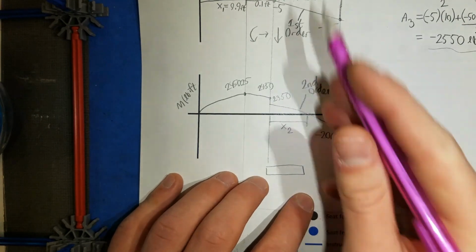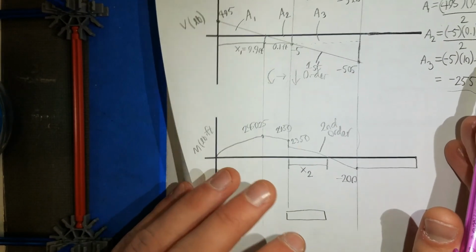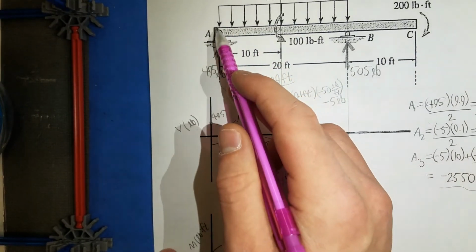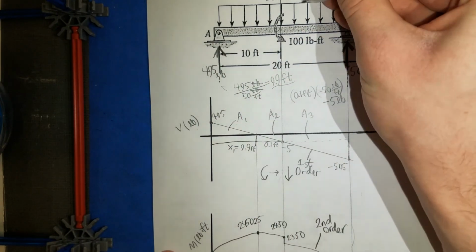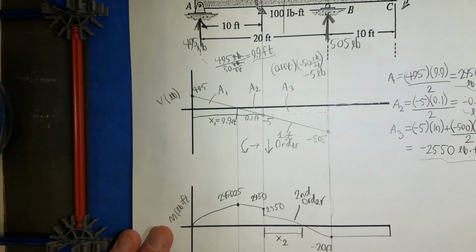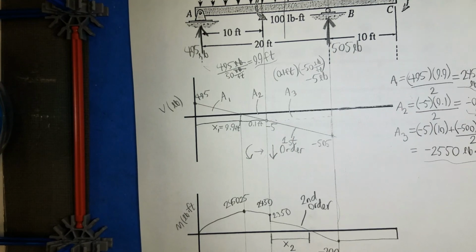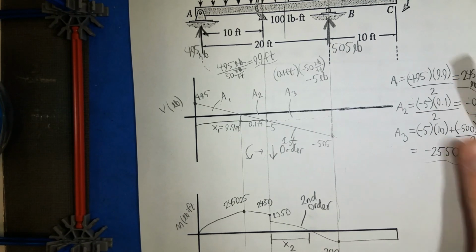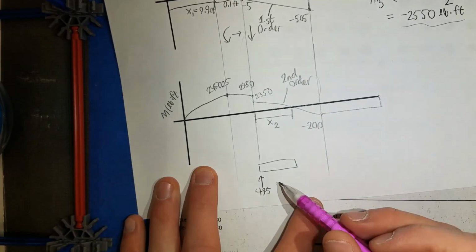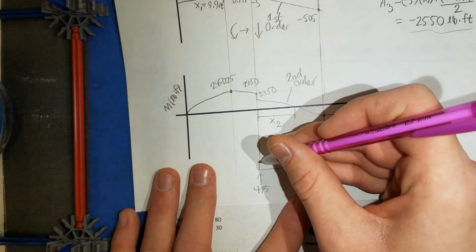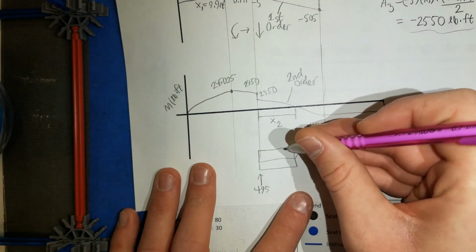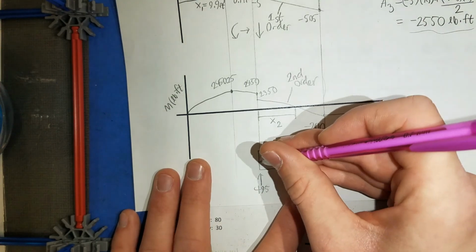And with the beam like that, it would essentially be this entire part of the beam up until some cut in here, because that's where it's going to equal 0. So we're going to have a 495 acting upward on it, and our distributed load acting constantly downward on it.